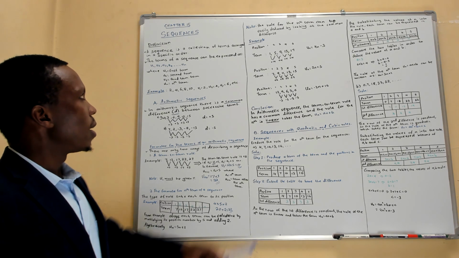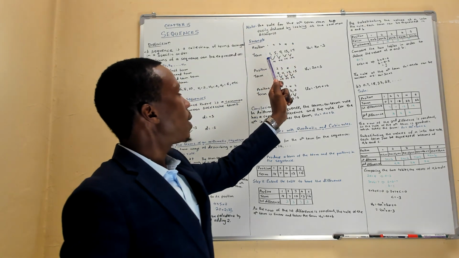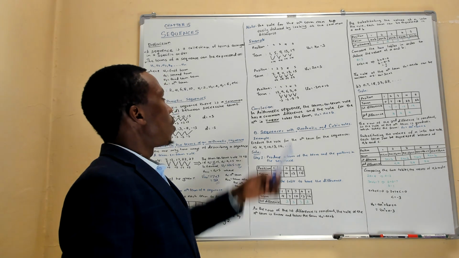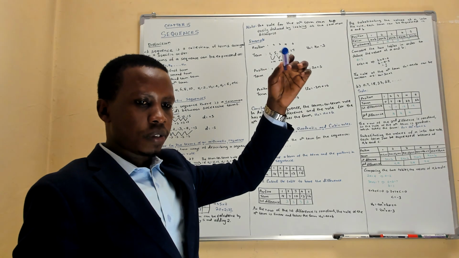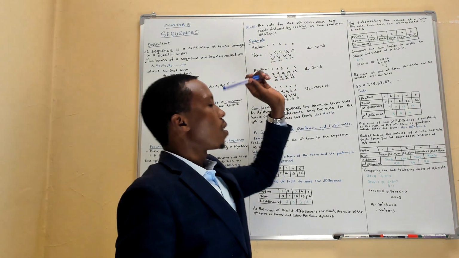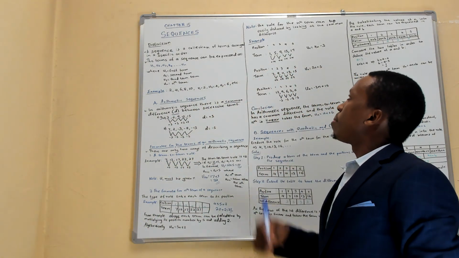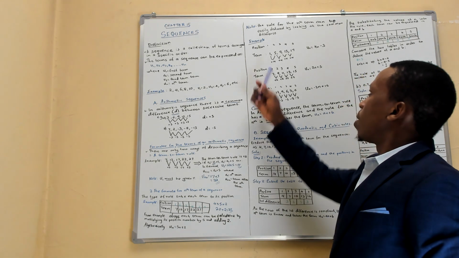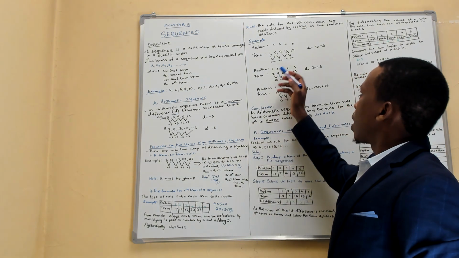You have to note again that the rule for the nth term can be easily deduced by looking at the common difference. For example, if you look at the example above, we have the terms 1, 5, 9, 13, and 17.